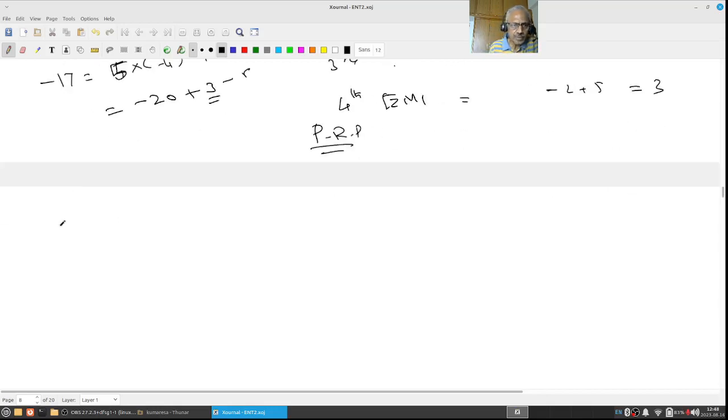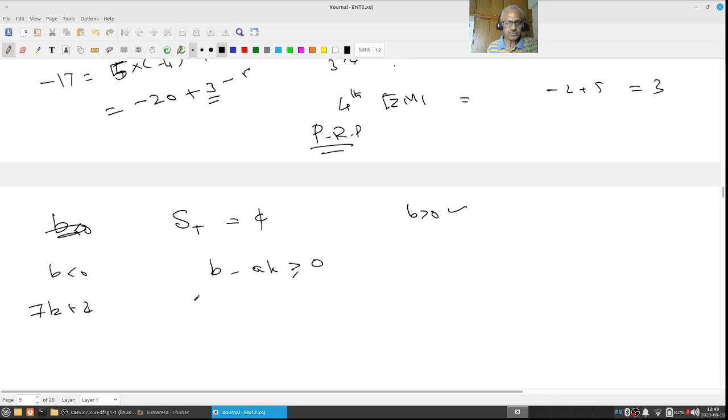So let us go back. If B is negative, I want to show S plus is non-empty, and B positive we already proved. Suppose B is negative, then what do I want? I want to say there exists an integer k such that B minus AK is greater than or equal to 0. It can even be greater than 0. You understand that? Right?